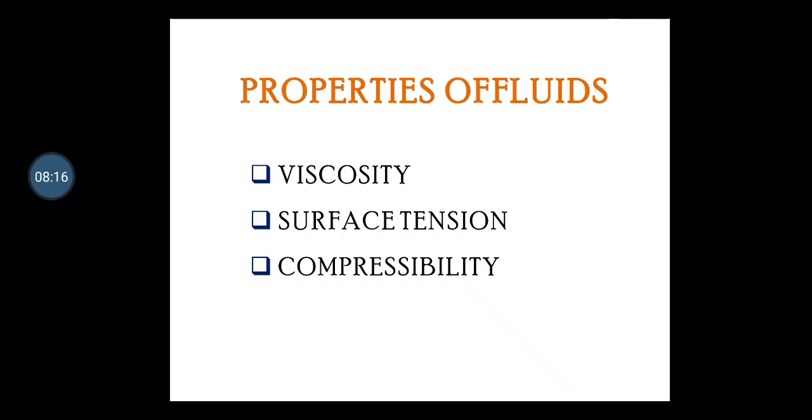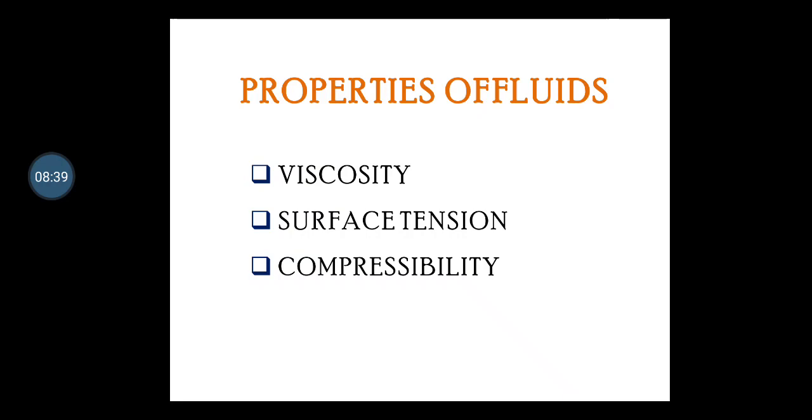In case of gases, density is affected appreciably by both temperature and pressure. So a fluid is said to be incompressible if it is inappreciably affected by changes in pressure, but gases can be compressed. Most of the liquids are incompressible.